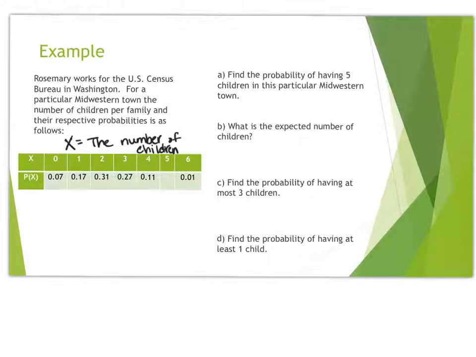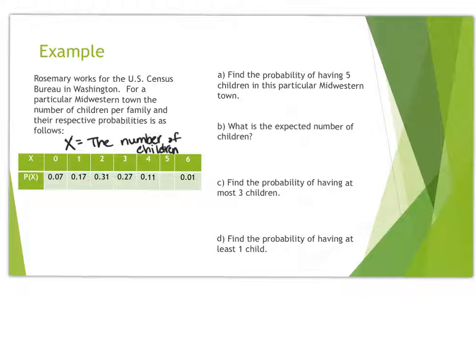We're going to be able to find that because we know that all of these values have to be less than 1 and greater than 0, which means they're all positive, which they are. And they all have to sum to the number 1. So right now, with the probabilities we have 0.07 plus 0.17 plus 0.31 plus 0.27 plus 0.11 plus 0.01, we get 94% or 0.94.